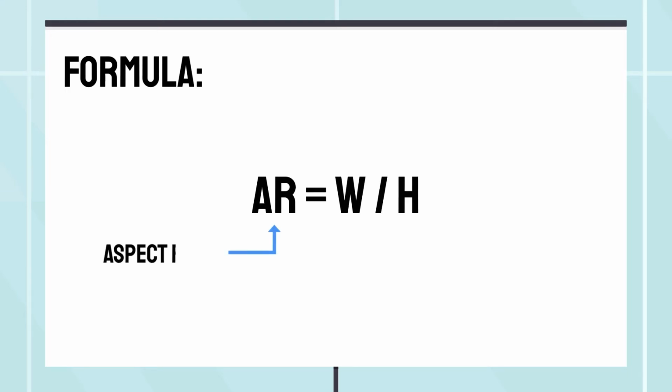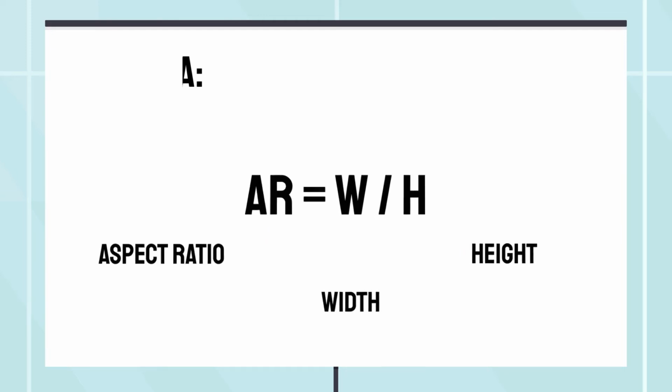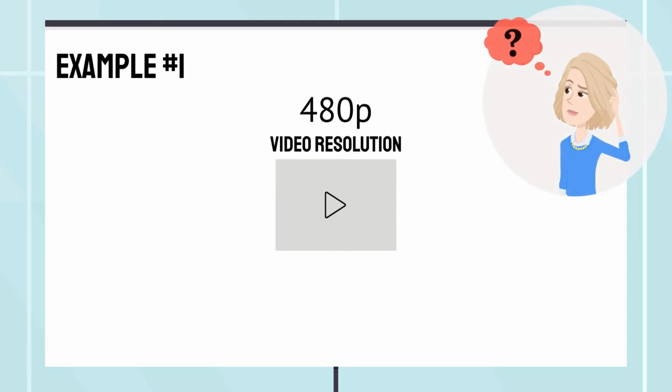So, how do we know the right aspect ratio? The formula for finding the aspect ratio is AR equals W over H, where AR is the aspect ratio, W is the width, and H is the height. Example number 1. If you have 480p video resolution, how do we get the right aspect ratio for it?